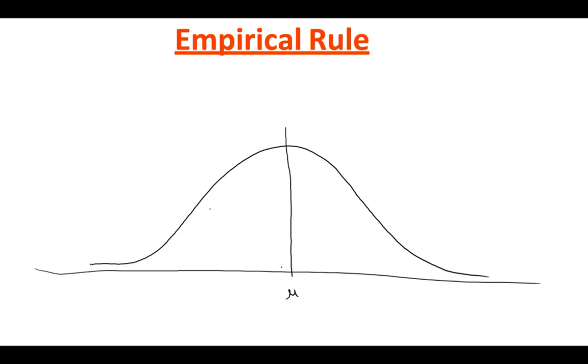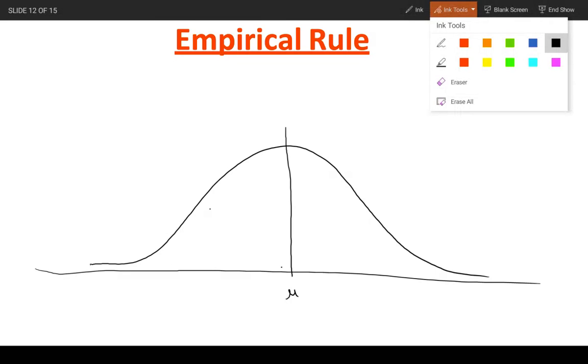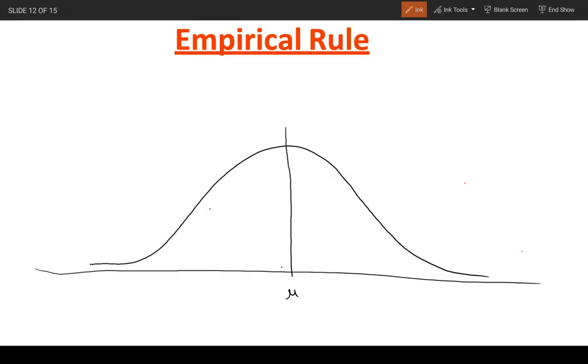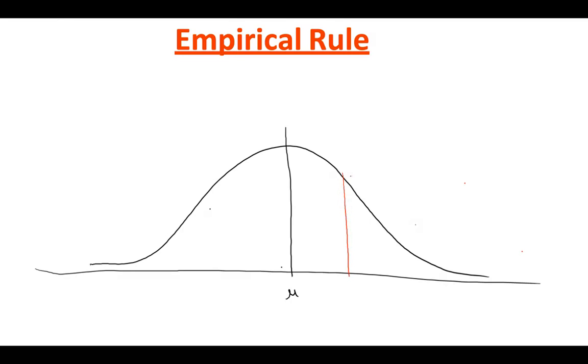Let me switch colors. I'm going to draw a line on both sides here, trying to make it about even. So this red line represents the mean plus one standard deviation, or mu plus sigma. And on the left side, this would be mu minus sigma, one standard deviation of the mean less than it.